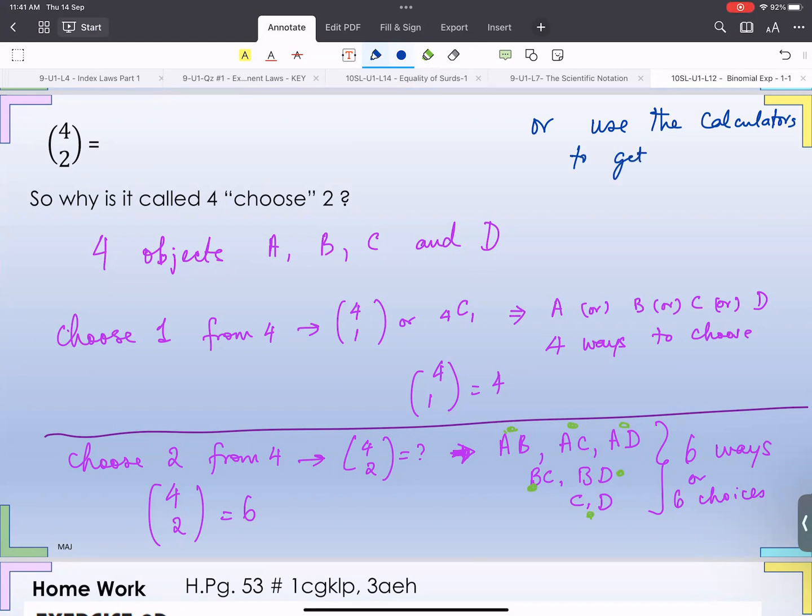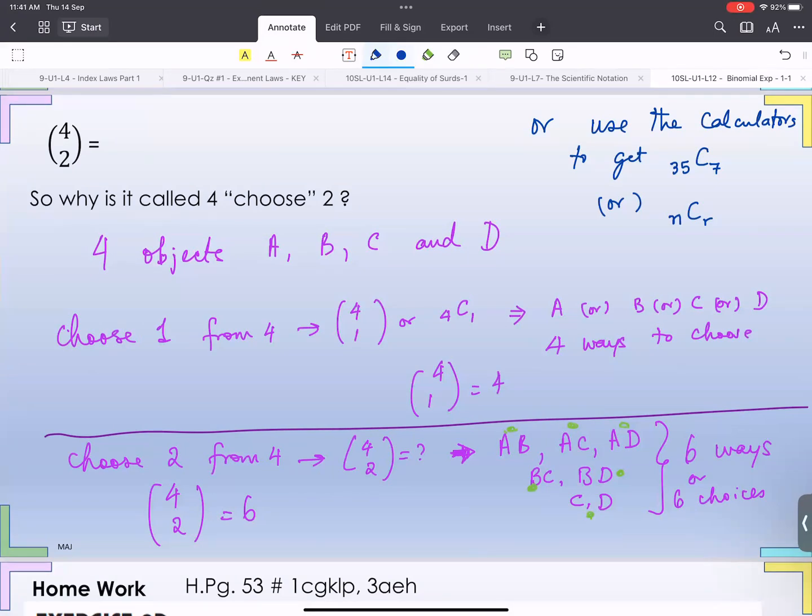Say a big number, maybe 35 choose 7, or any other number in general, n choose r, and that's the notation you will be seeing later on, probably when you get into grade 11. So that's why it's called 4 choose 2, or 6 choose 3, or 7 choose 4, and so on.